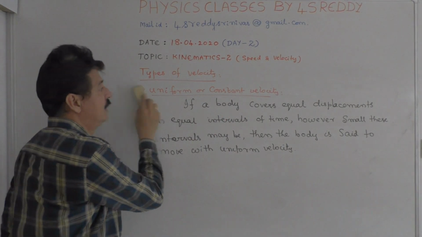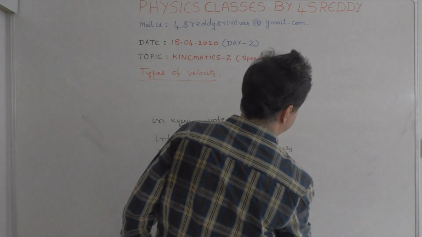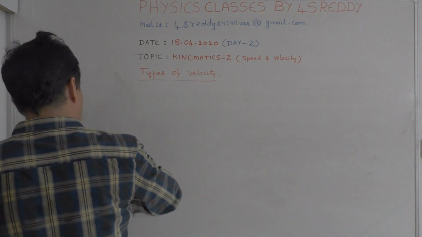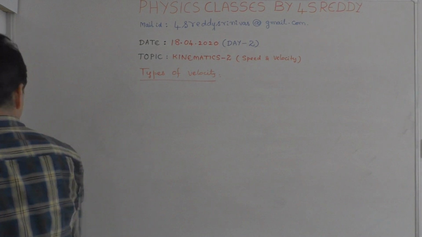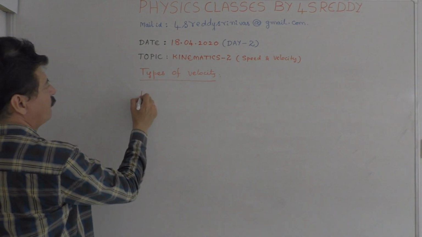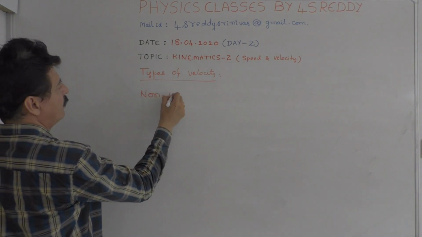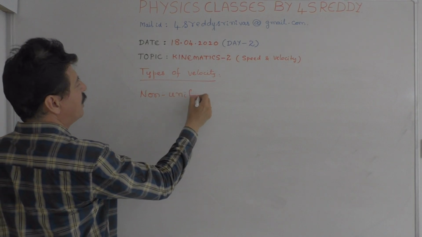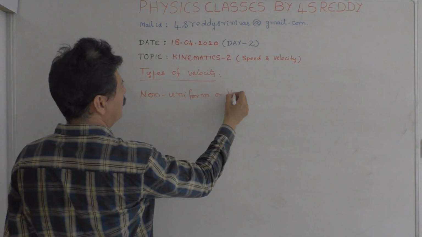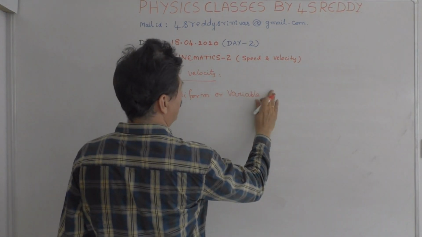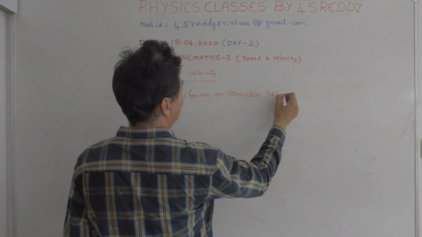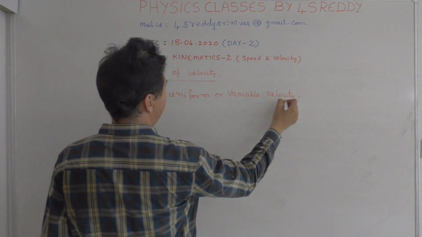Is it clear? And the next one is non-uniform or variable velocity. What do I mean by non-uniform or variable velocity?